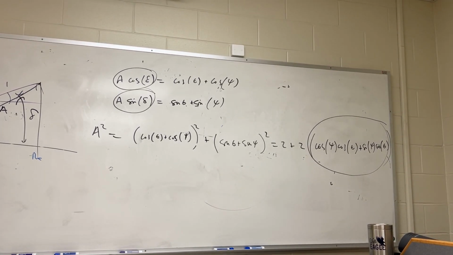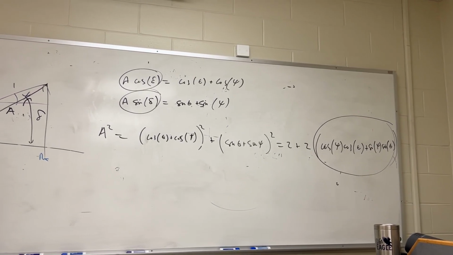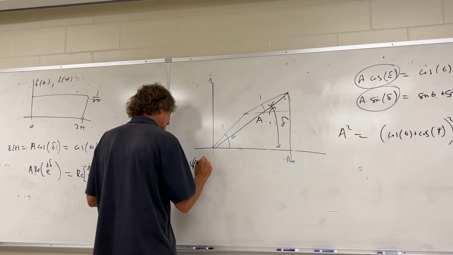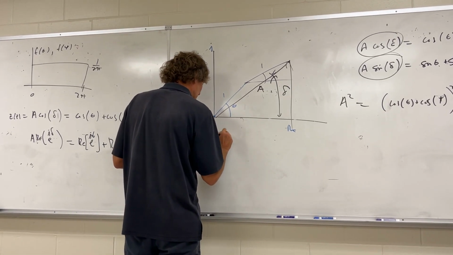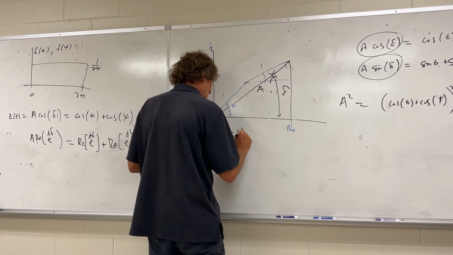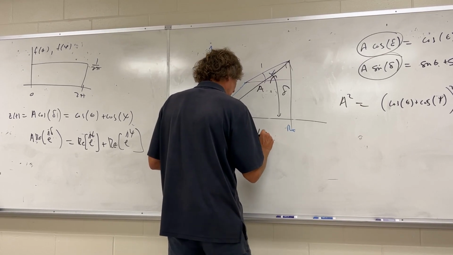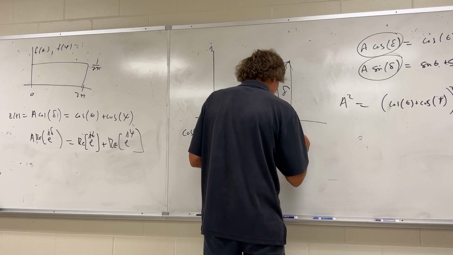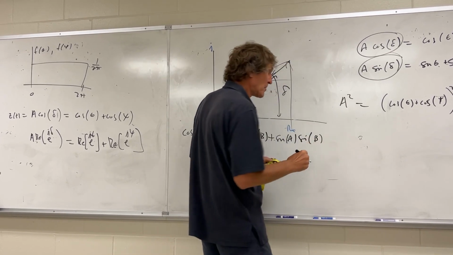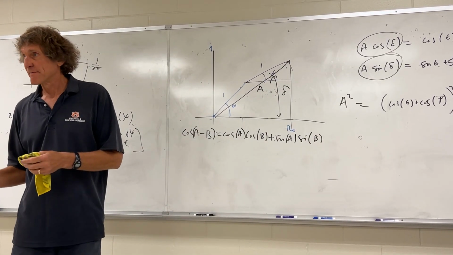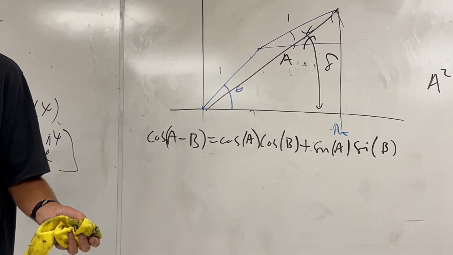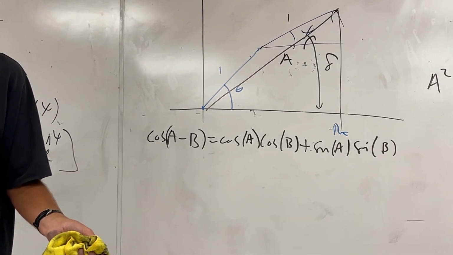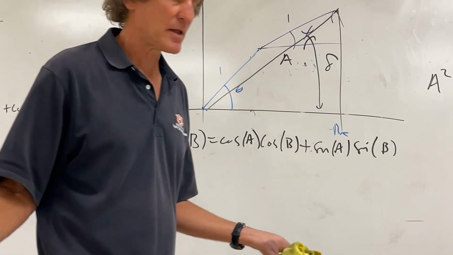If you have cosine of A minus B, that's equal to cosine A, cosine B plus, I'm sorry, sine A, sine B. Y'all follow me on this one? I'm just showing you how he did it. He didn't say it, but there's probably a trickier, more clever way.